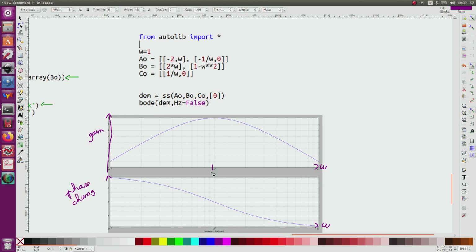So around omega equal to 1, I have a gain which is almost equal to 1, and here the gain is almost 0 because we have a logarithmic scale. Also here around omega equal to 1 I have no phase change, which is consistent with what we expected for our demodulator.